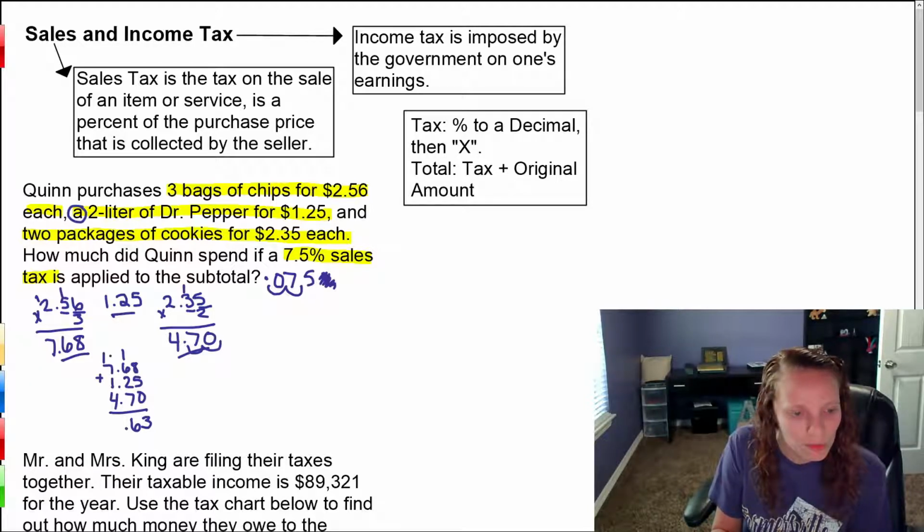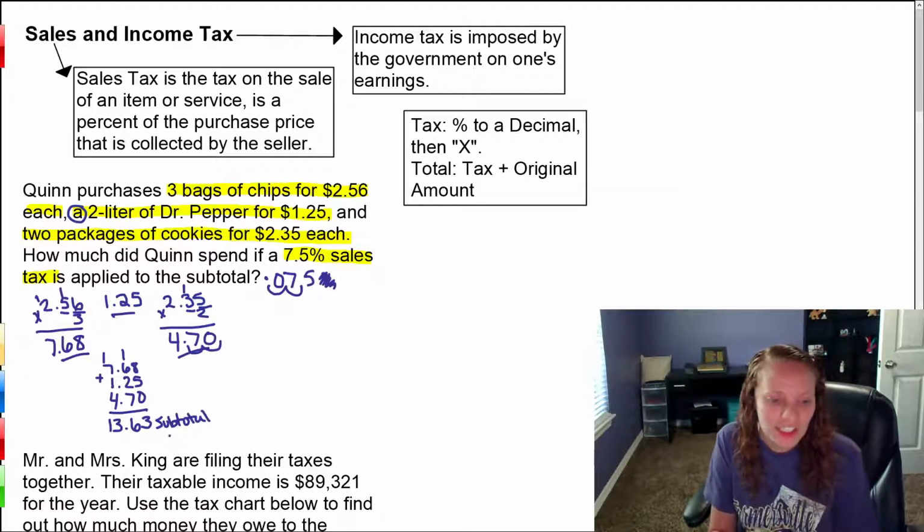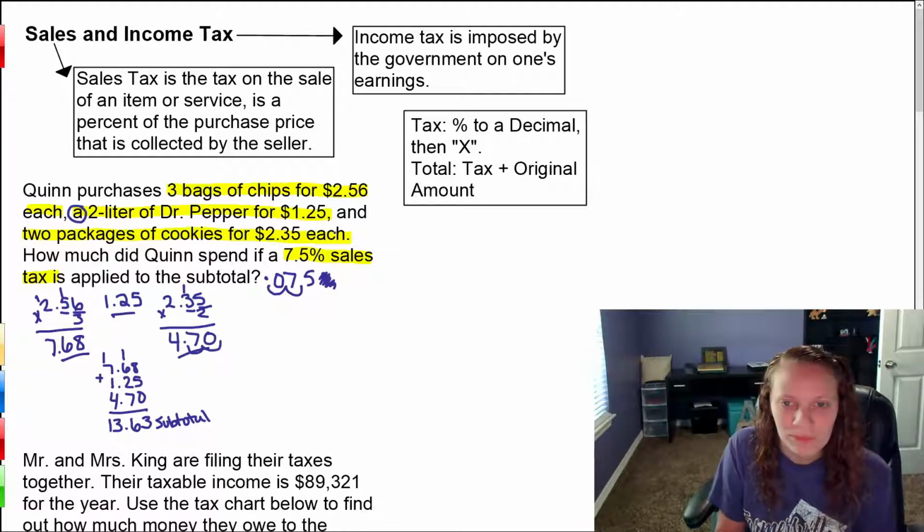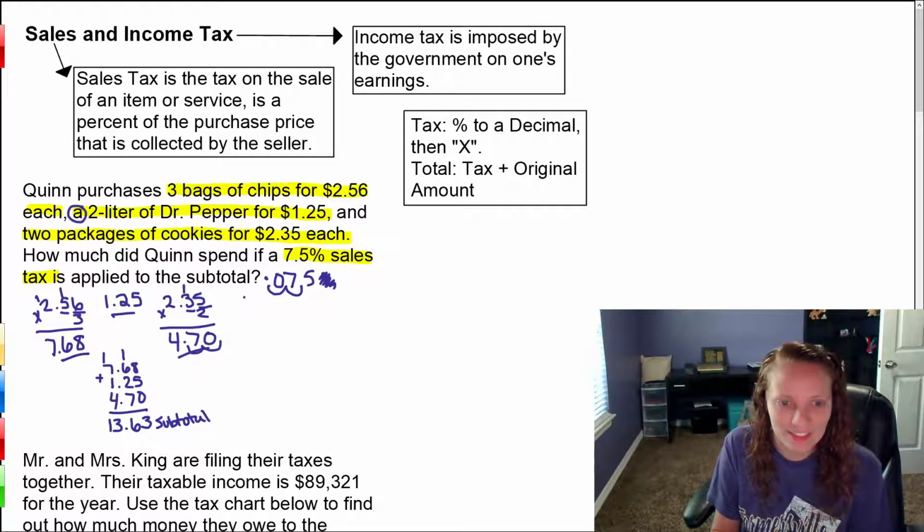Bring down that decimal straight down. 7, 8, 9 plus 4 is 13. So our subtotal is $13.63. Now, we want to first figure out what is the tax.